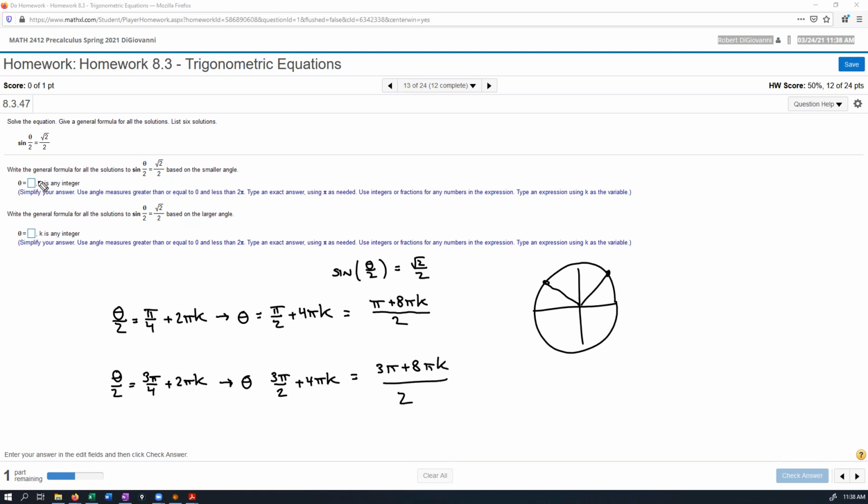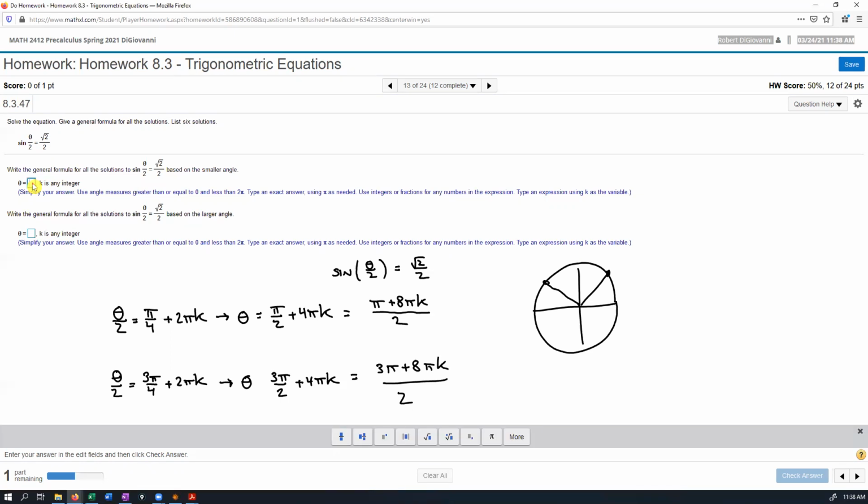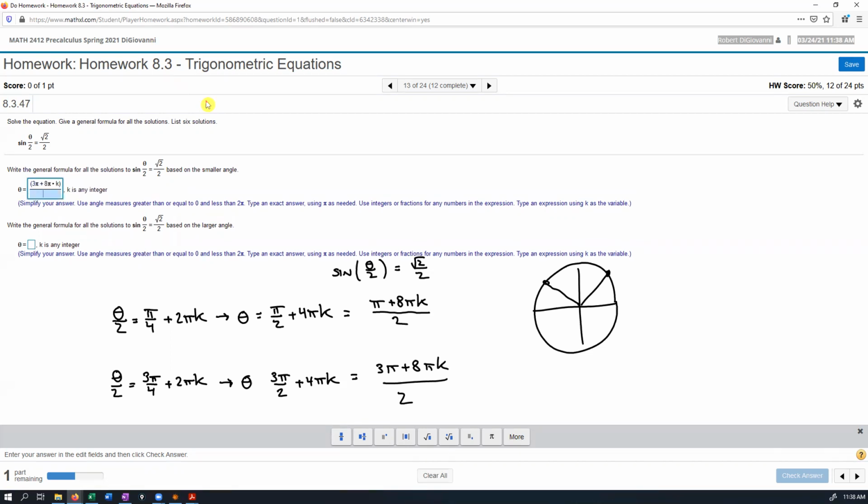All right, let's put this in here. I'm curious, will it take 3 pi plus 8 pi times k over 2? I wonder if it'll take that. And then oops, sorry, that was the wrong one. I should put pi there.